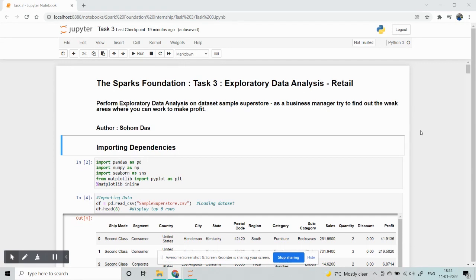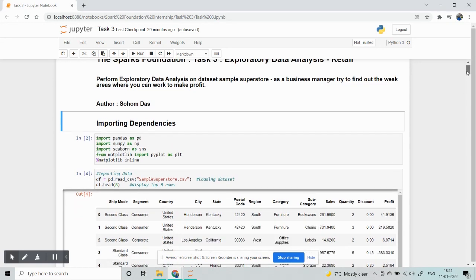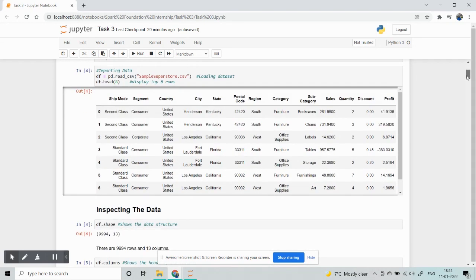First of all, I will be importing certain libraries like pandas, numpy, seaborn, and matplotlib, and then I will load the dataset into a data frame. Using .head, I can check the data.